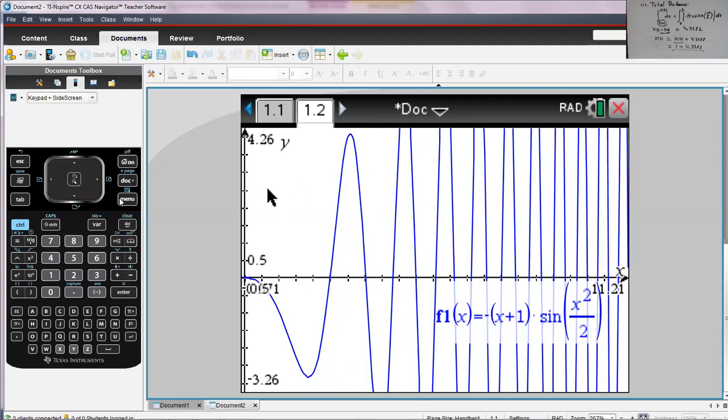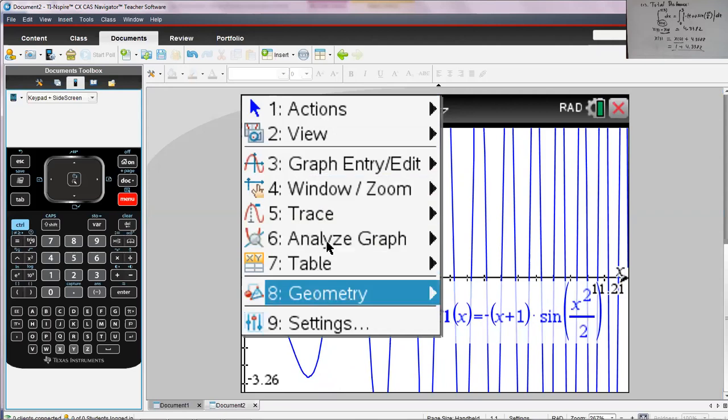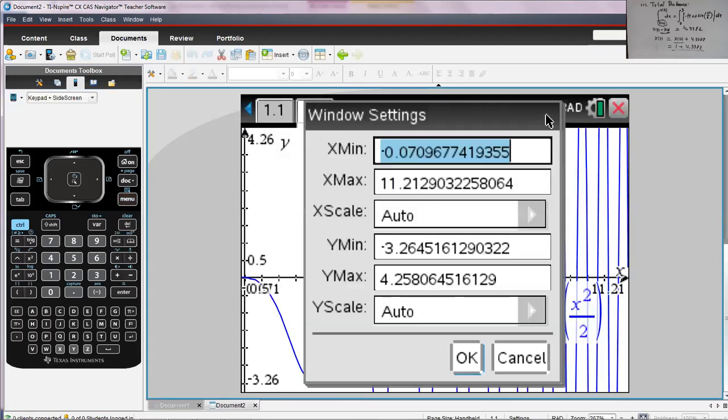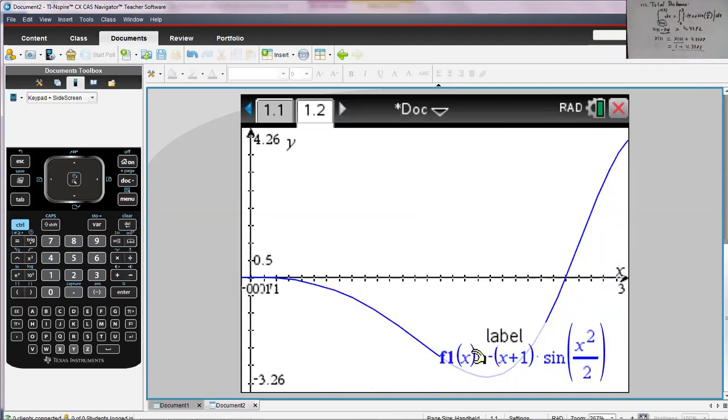Okay, let me just define the origin: menu, zoom, window settings. 0, this is fine, 3, let me just put here a 3, press OK.